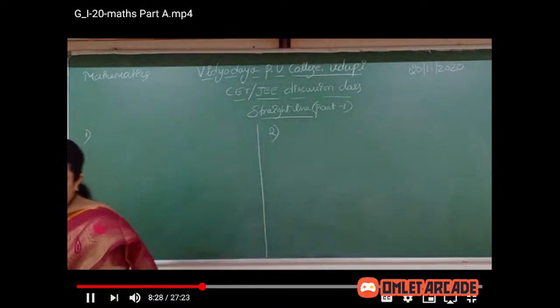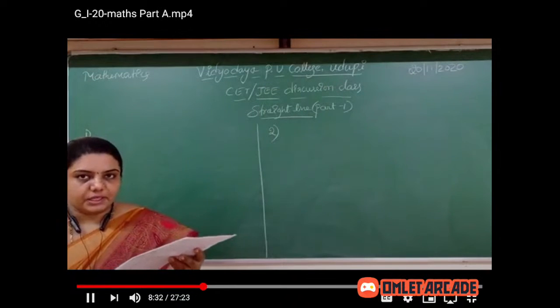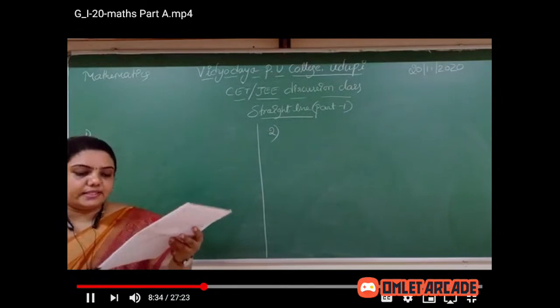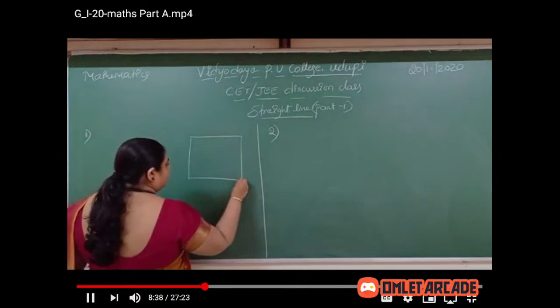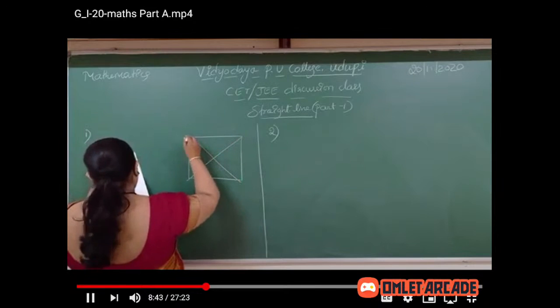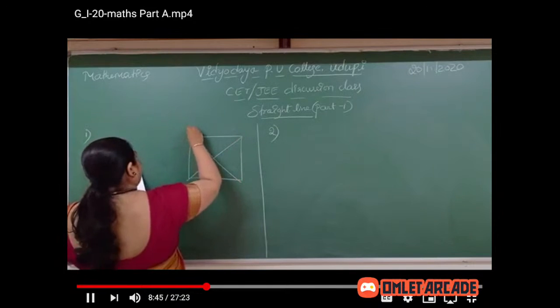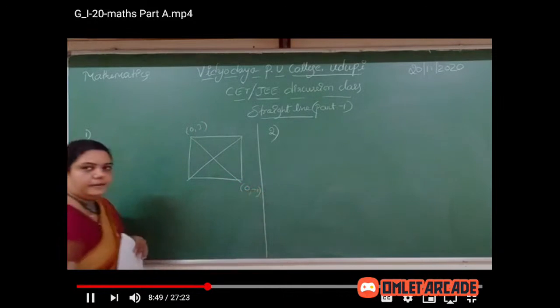See the first one. 0, -1 and 0, 3 are two opposite vertices of a square. Then the other two vertices are? So for a square, I have taken a rough picture. Okay. So opposite vertices are given. Like imagine 0, 3 and this is 0, -1. Okay.